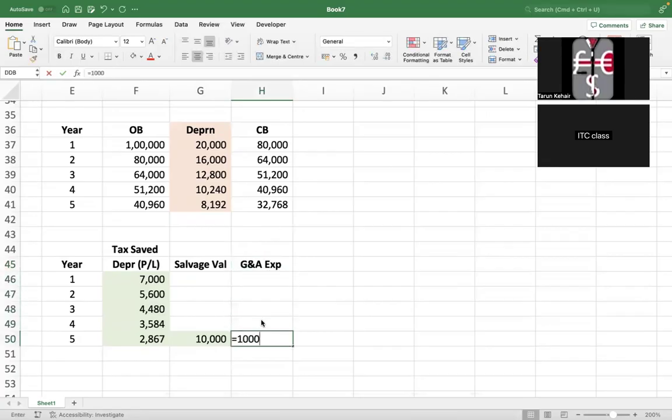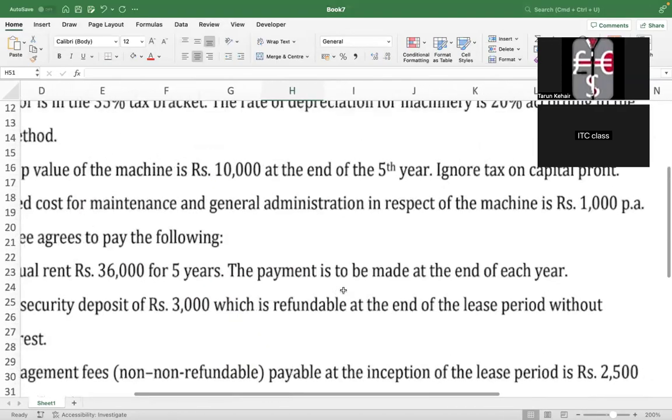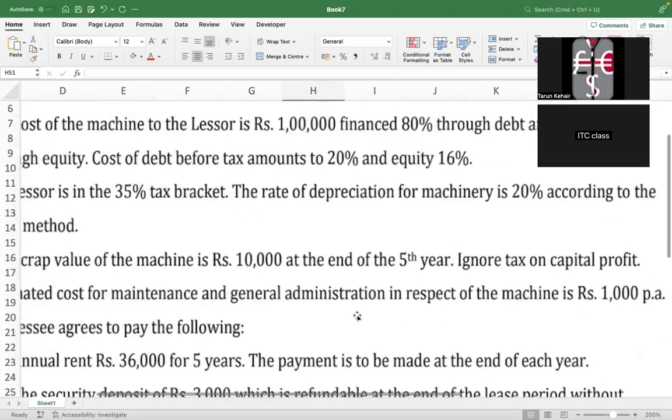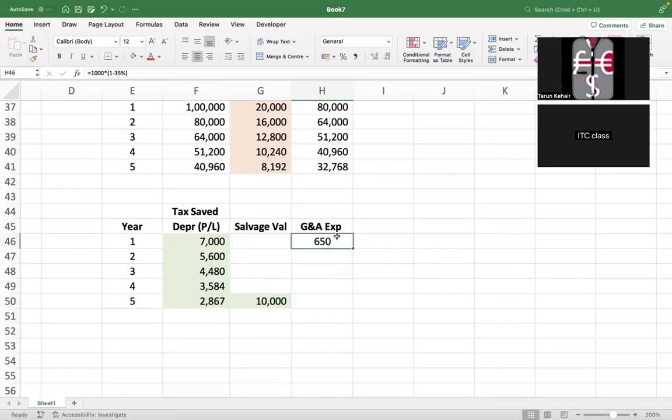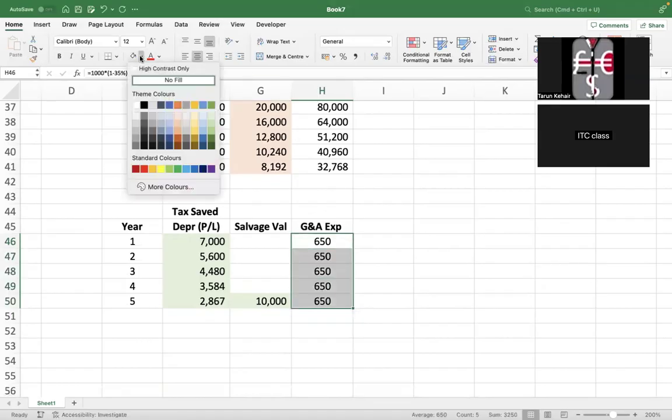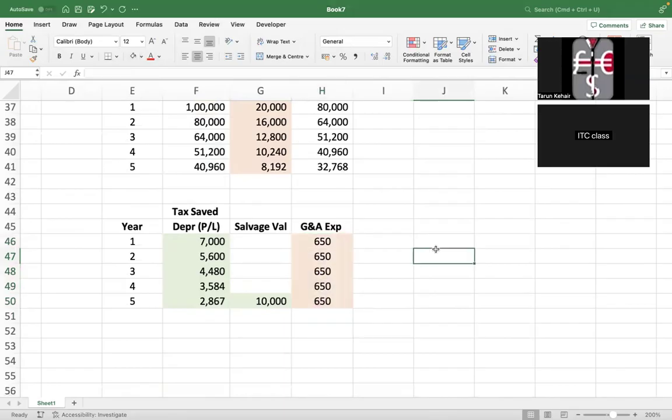So 1,000 will go into the P&L as your cash flow, but it's also going to save you 35% of tax, isn't it? 1,000 rupees will go to the P&L every year, and every year 35% will be saved. So every year you have a net cash flow of 650. Will this be red or green? Red, because this is an expense.